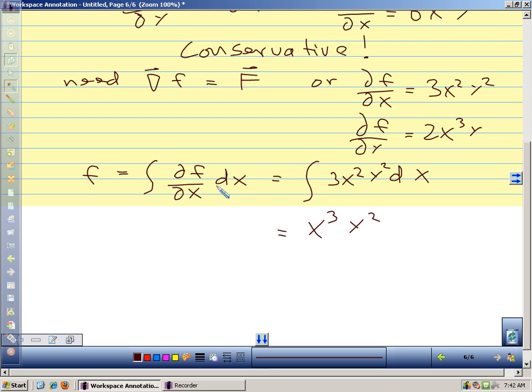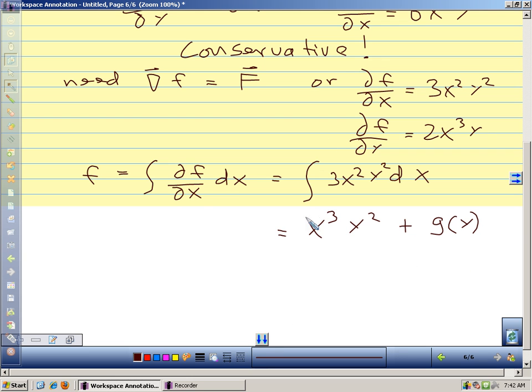We're taking the integral with respect to x, but we have a function of x and y. My constant of integration can be a function of y, because y is constant with respect to x.